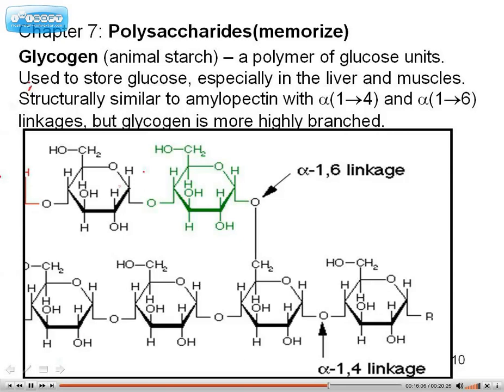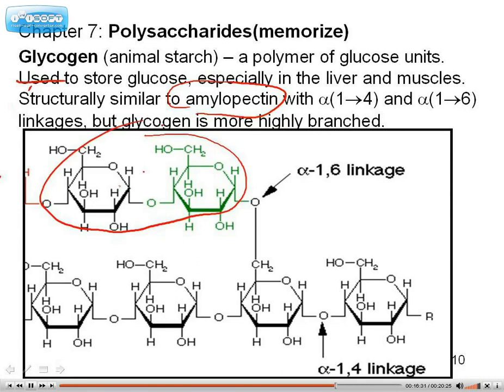Glycogen is essentially the same as amylopectin. Matter of fact, if I ask you to draw or sketch glycogen, you could just basically draw amylopectin, and I'll know the difference. Basically, glycogen is just like amylopectin. There's just a ton more of these branched glycosidic linkages present.